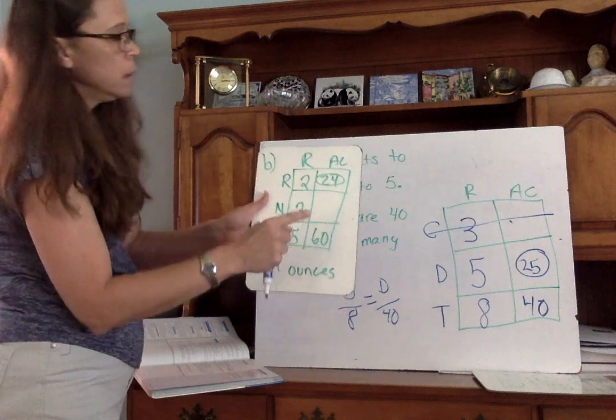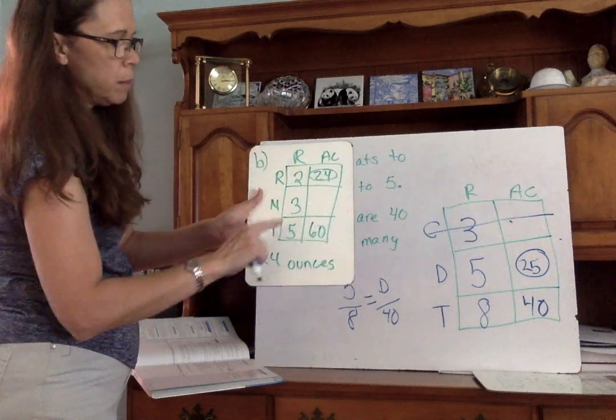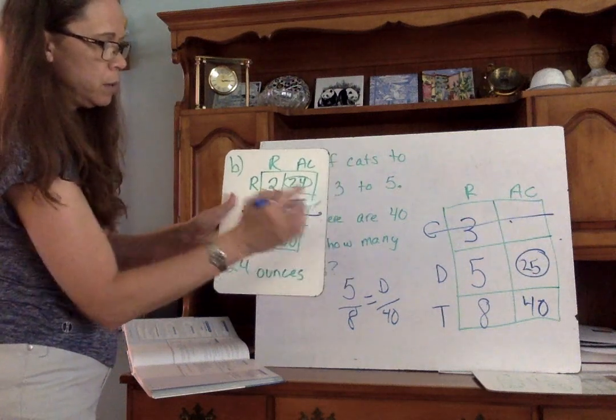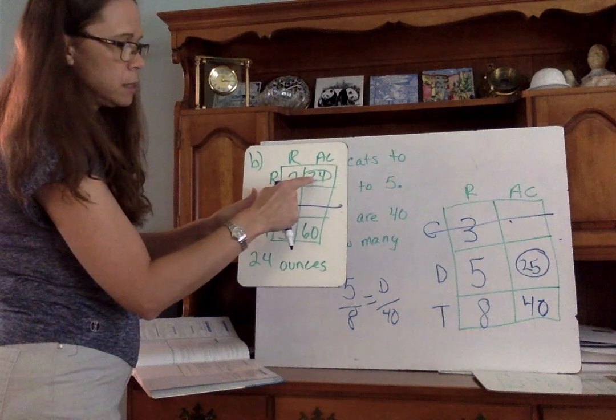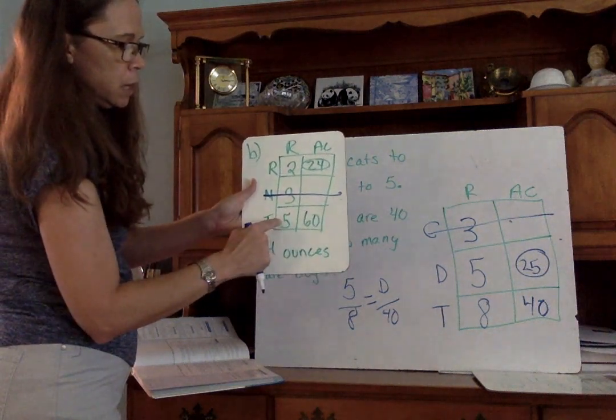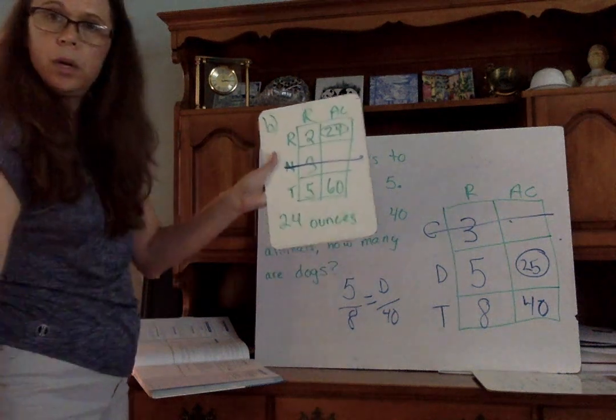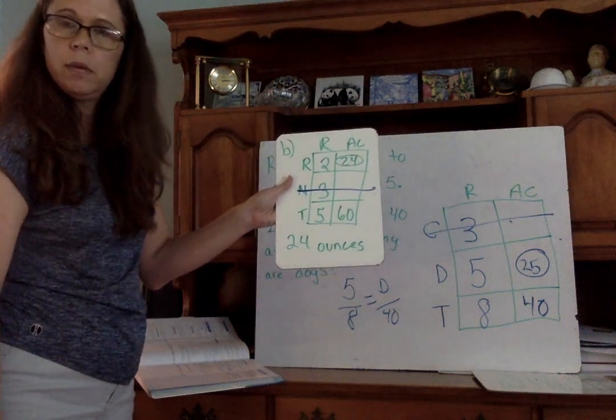So I circled the raisins. I'm going to use the row that's complete and the row that's got what I want. I'm going to get rid of this row. 2 is to 5, as some number is to 60. To get from 5 to 60, I multiply by 12. 2 times 12 is 24. You're going to need 24 ounces of raisins.